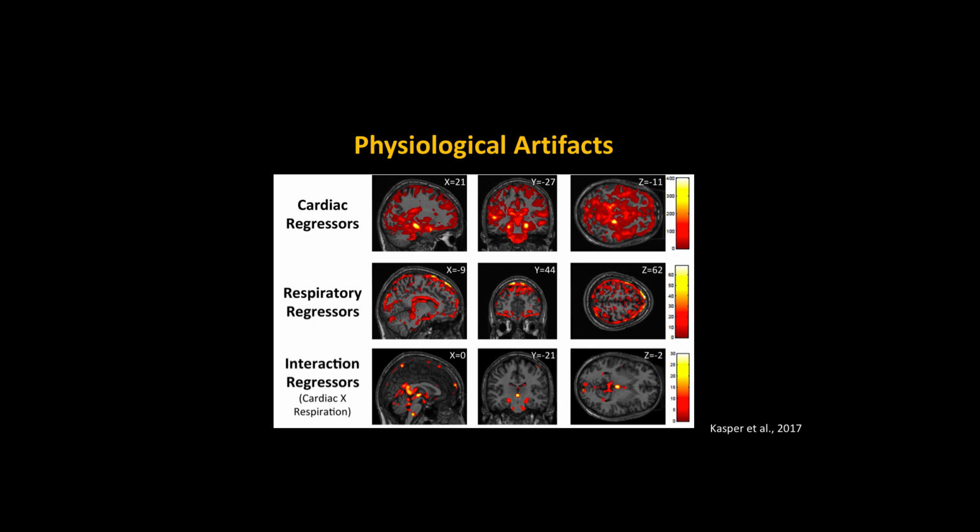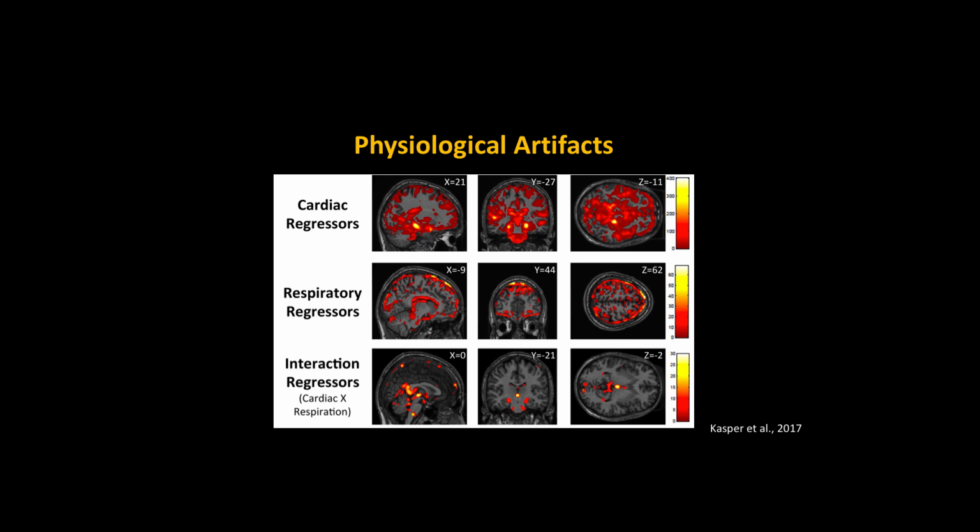And notice for the cardiac regressors, it's very, very high in what part of the head or the brain? Seems to be mainly where the entrances of those carotid arteries are, right? And if you look at your images and you look at the time series, you do see these pulsation artifacts. And if that's close to a part of the brain that you're interested in, this is definitely something you want to take care of.